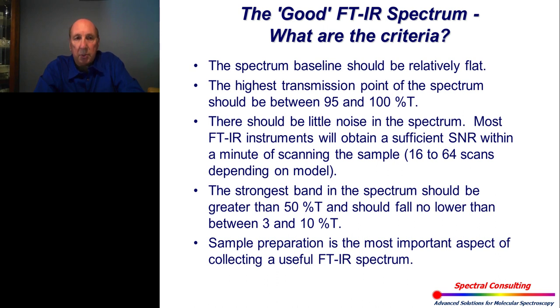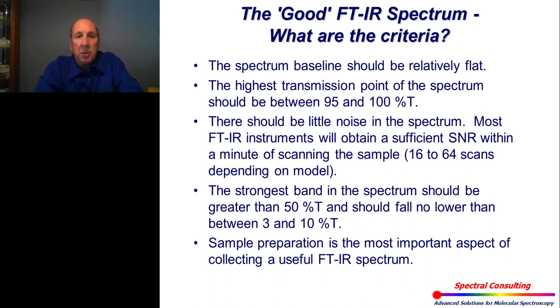Most FT-IR instruments, that's Fourier transform infrared, the most common instrument everybody works with, will obtain a sufficient signal-to-noise ratio, or SNR, within a minute of scanning the sample, anywhere from 16 to 64 scans, depending on the model and the configuration.